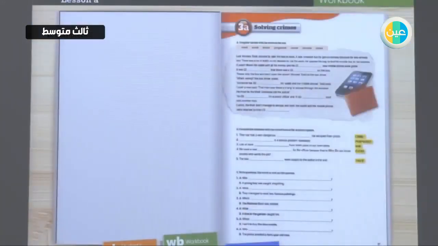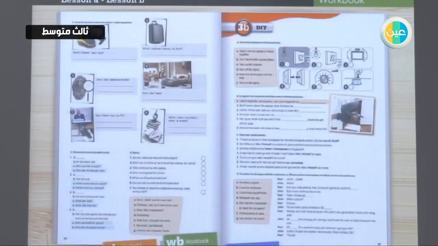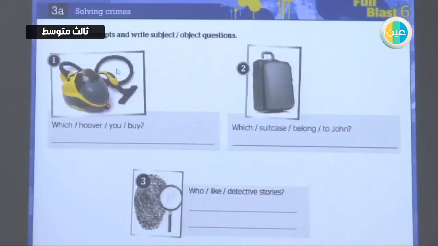Now let's move to the exercise at page 98, exercise D. In this exercise, we're going to use the prompts given to write subject-object questions. Let's take a look at the first one. We have which, Hoover, you buy.